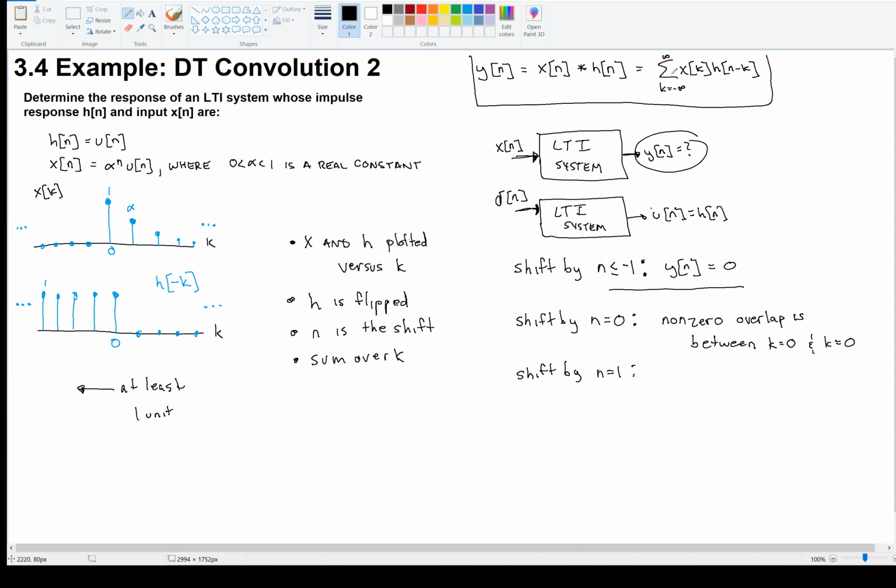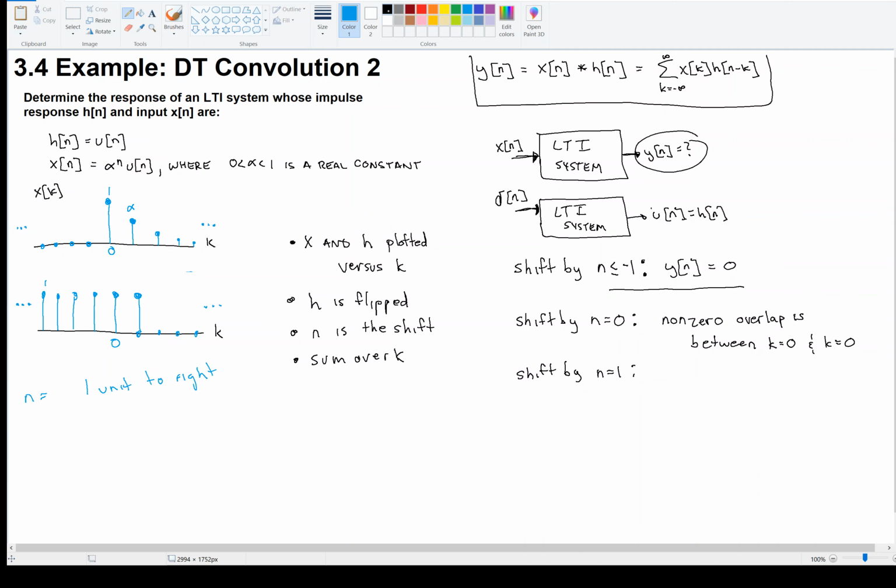Okay, so if I shift this by 1 unit, so you can imagine, use your imagination here, but if I shift this by 1 unit, now it's here. And this is no longer h of minus k, this would be h of 1 minus k. So I'm not going to continue to write that. I'll just say this is n equals 1 unit to the right.